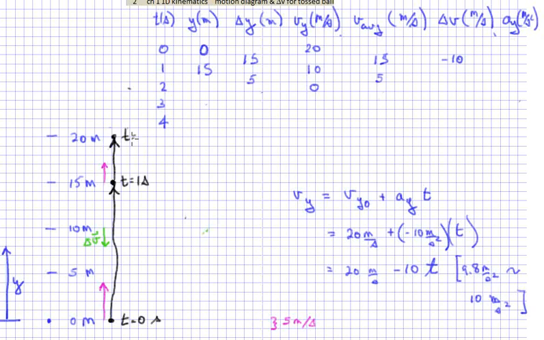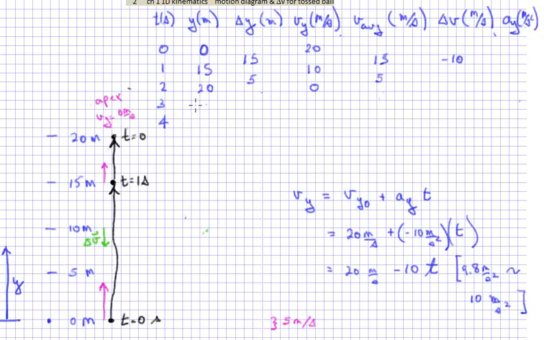At t equals 2, since I've gone up another 5, my new position is 20. You can see that corresponds to where I am on my scale here. I can't draw a 0 instantaneous velocity vector, which is what I have at time 2, so I'll just say Vy is equal to 0 meters per second, and that corresponds to the apex.